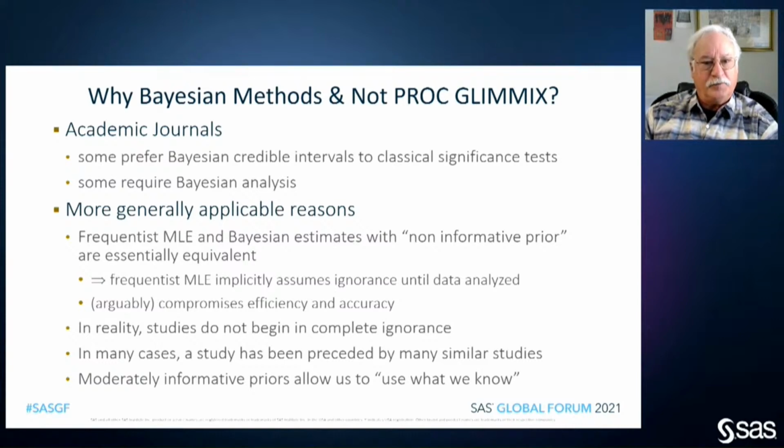More generally applicable reasons, however, are that frequentist maximum likelihood estimates from GLIMMIX and Bayesian estimates with non-informative priors are essentially equivalent. And what this means is that when we're working with PROC GLIMMIX, we're implicitly assuming ignorance until the data are analyzed. And arguably, this compromises efficiency and accuracy.